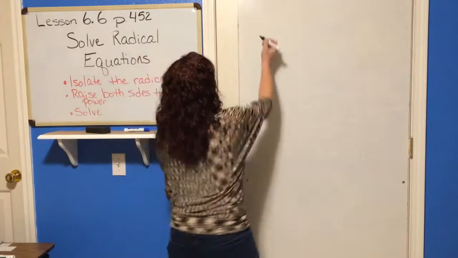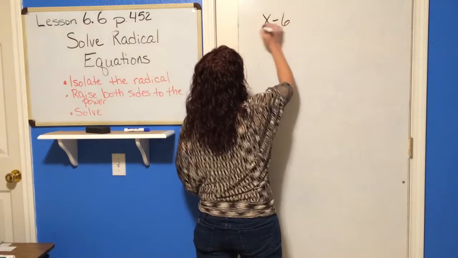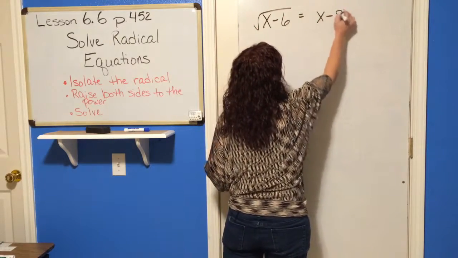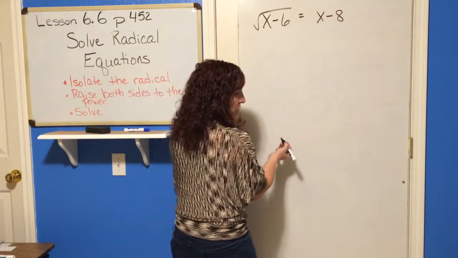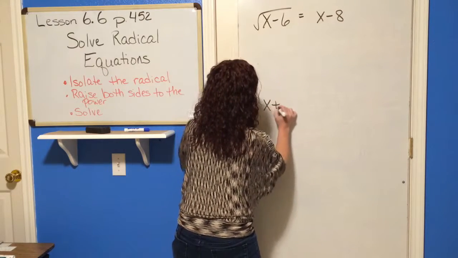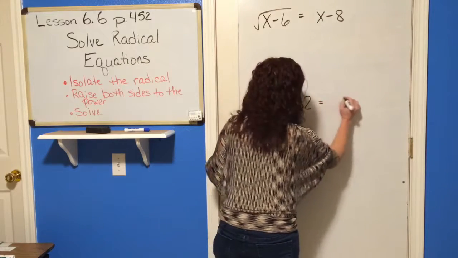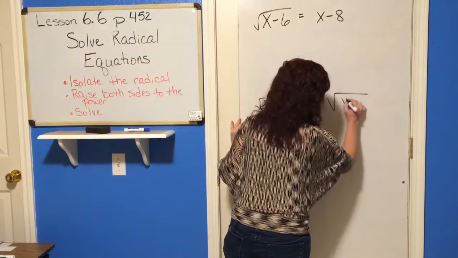First one is the square root of x minus 6 equals x minus 8. And then we're going to do one more type that's a little bit more tricky. The square root of x plus 6 minus 2 equals the square root of x minus 2.